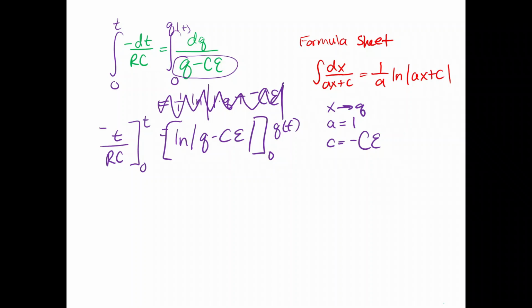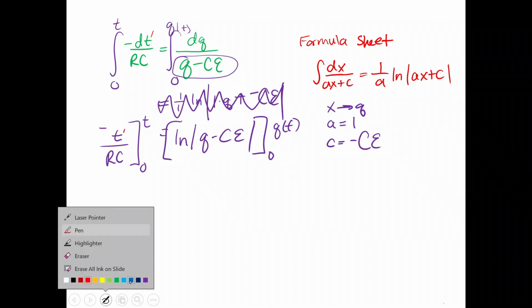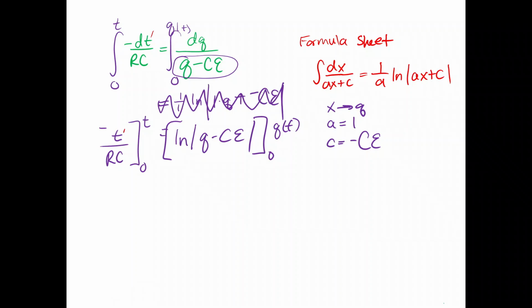I know some of you, if you want to do this perfectly, you'd have to have a dt prime, and then you sub in a t. It's convention, different ways to show things a little bit more proper. So you can do that. Either way, doesn't matter. So then what happens is you get negative t over RC minus 0 over RC.